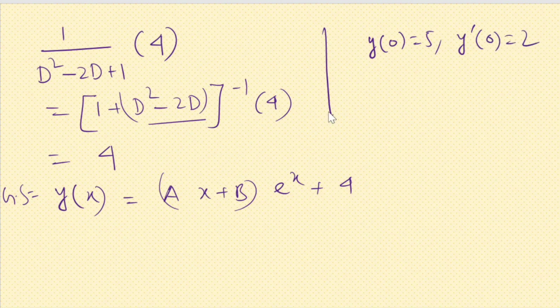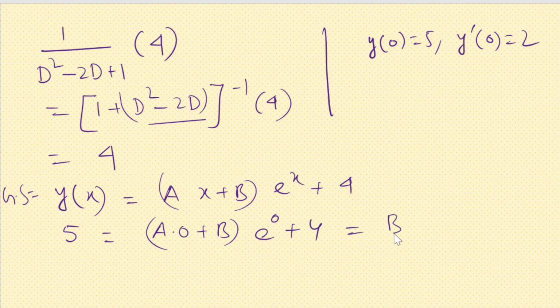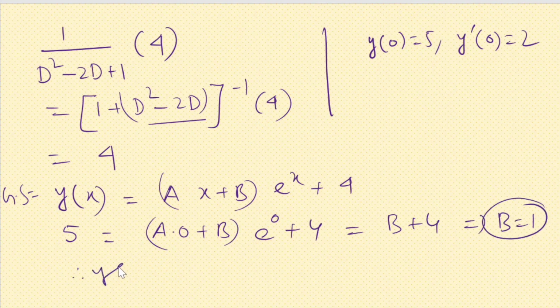If we apply y(0) = 5, then we get 5 = (a·0 + b)e^0 + 4, which gives simply b + 4. So this implies b = 1. Therefore y(x) = (ax + 1)e^x + 4.